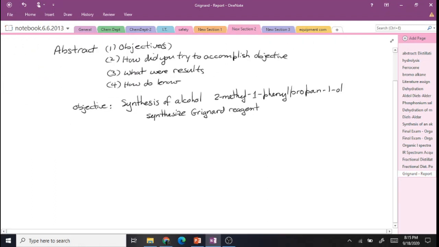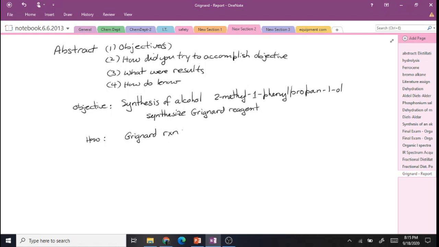So the second part of the abstract, how did you try to accomplish the objective? We did it specifically through a Grignard reaction, so you do need to mention that. But there's more than one way to do this via the Grignard, so you need to list the specific reagents that you used to make that product.